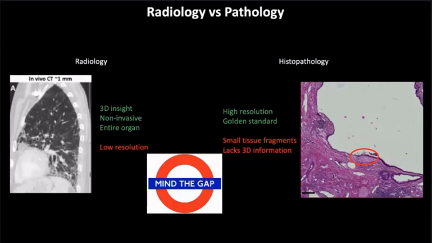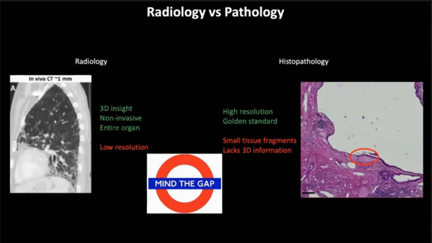Of course, you have a 3D insight, so you can see the entire lung and scroll through it. It's non-invasive. You have radiation in the patient, but we try to reduce that as much as possible. And you can investigate the entire organ at once. However, the resolution is relatively poor. You see things, but you also miss a lot of things. As I mentioned, you cannot see this whole branching of airways on a regular CT scan.